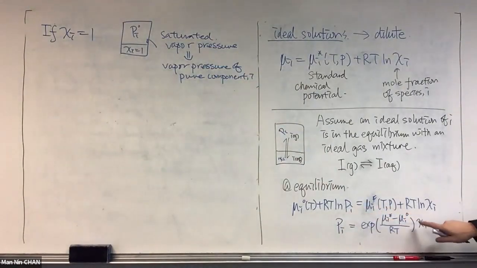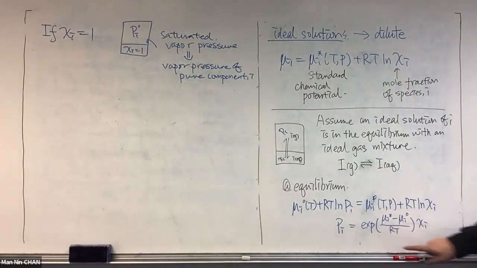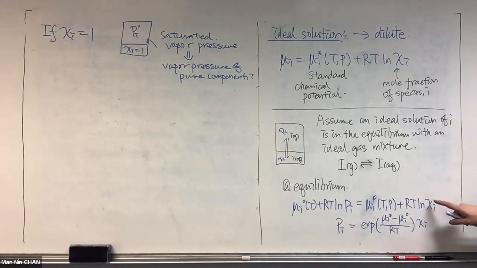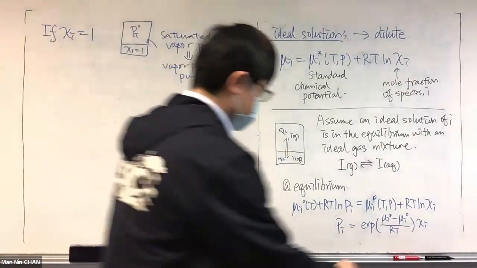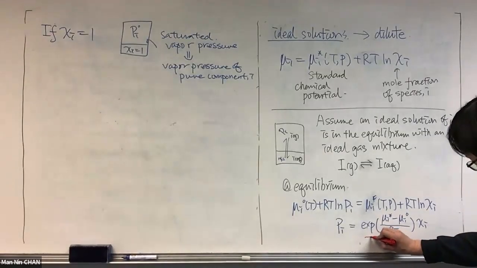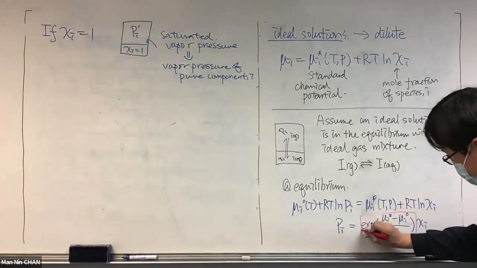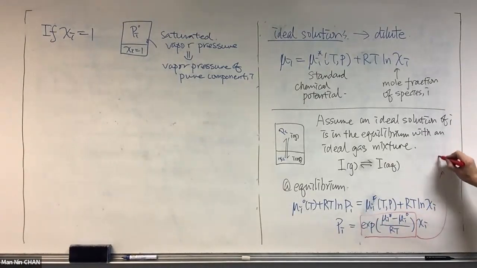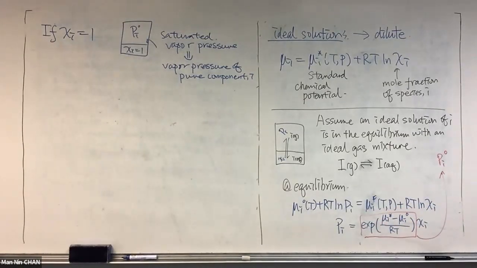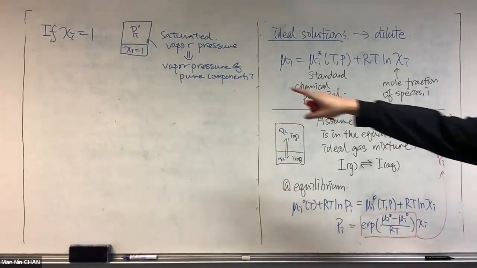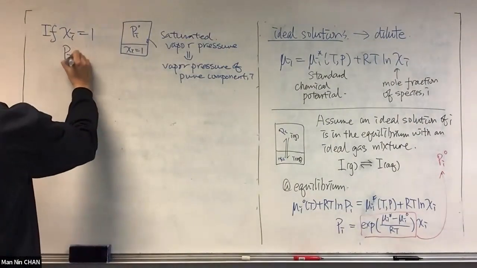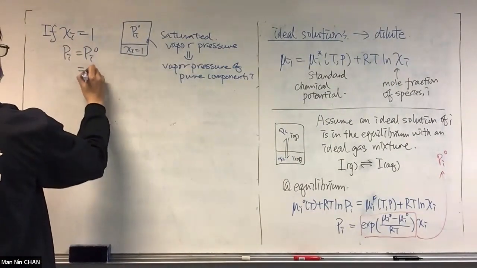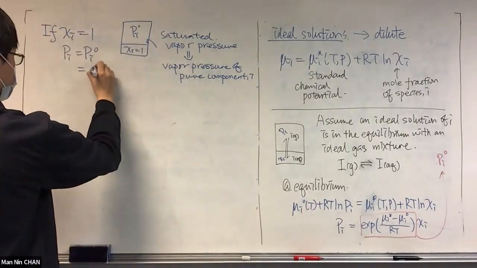This exponential term will become 0, and then you will find that the pi naught would be equal to this term if you do the substitution.